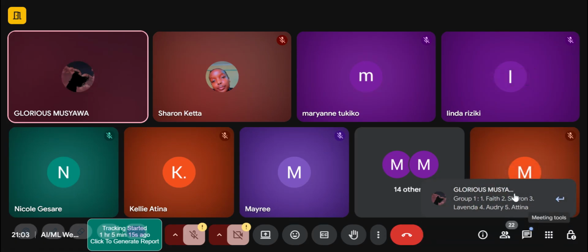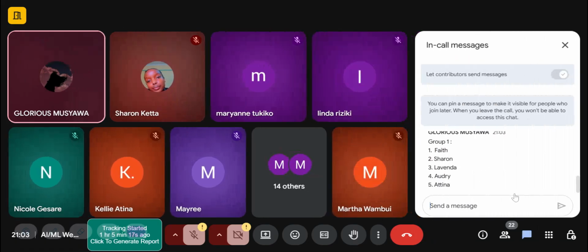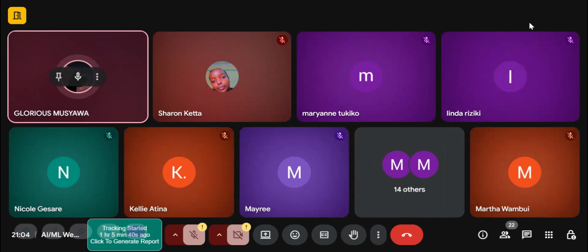So that's group one. So for the person who suggested that we create a breakout room, I think I might need your assistance in creating one. How do we create a breakout room?